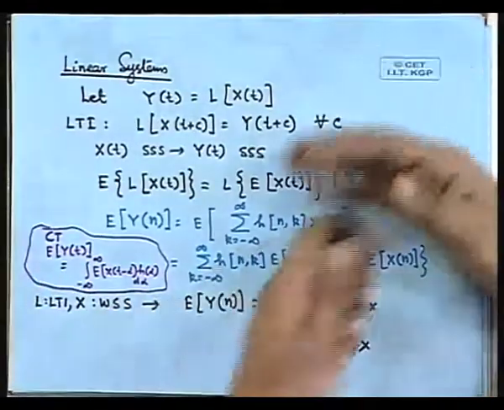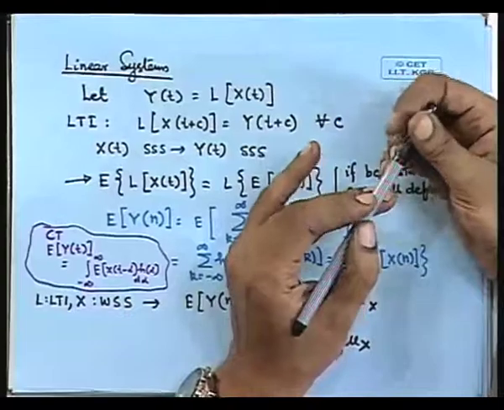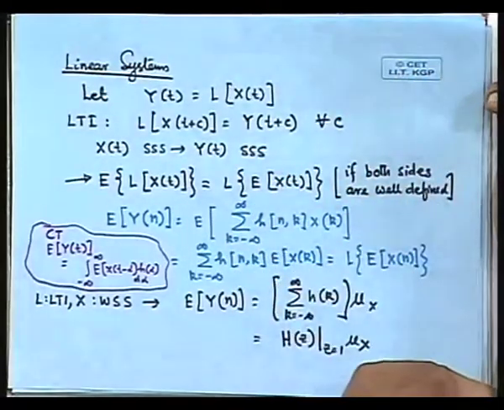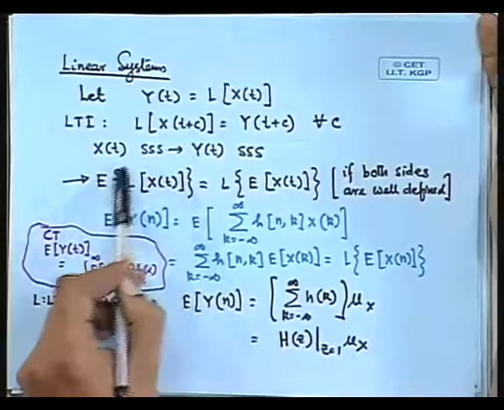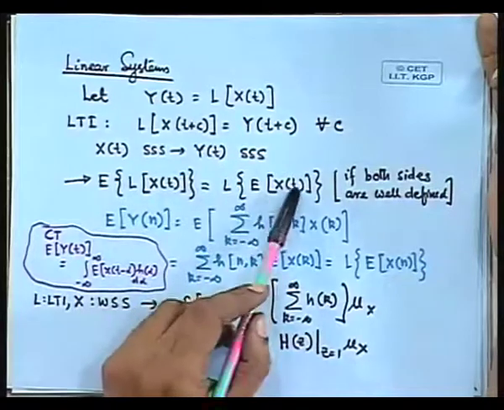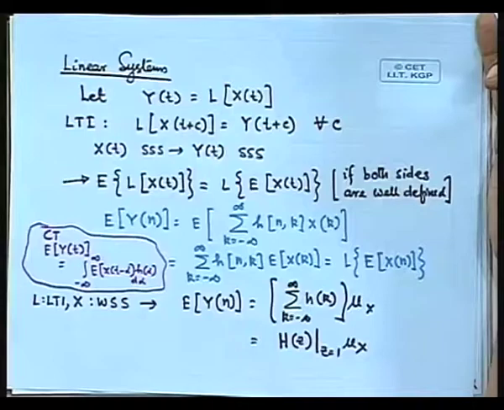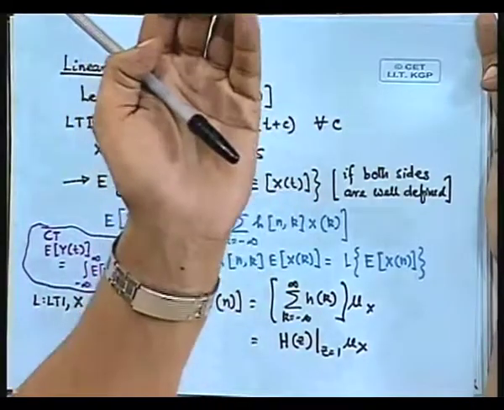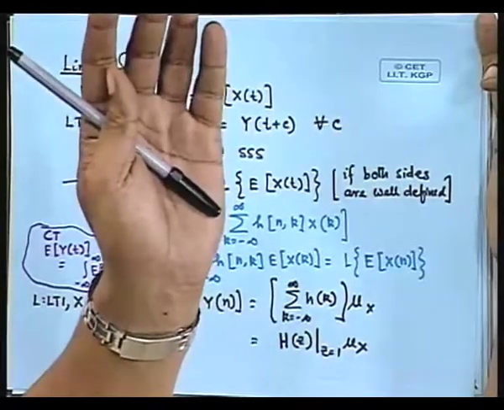Now this is a very interesting result, the first important result, which shows the linearity of the expectation operator. That is, if you take the expectation of the output y, it is just like feeding the expectation of x through the filter. So if you know the expectation of the input, you can directly calculate the expectation of the output without actually feeding each one of them and then calculating the expectation.